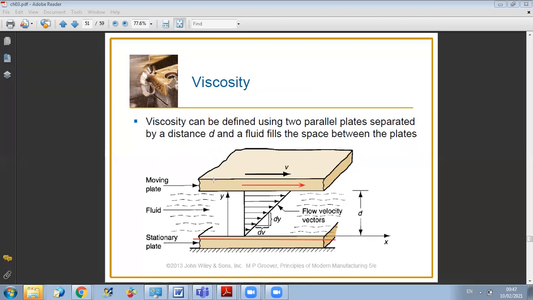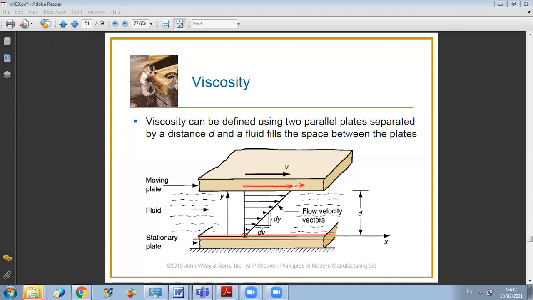What do we mean by the no slip condition? It means that a viscous liquid in contact with a surface will have the same velocity as the surface. So at the contact with the fixed plate, the velocity is imposed to be zero, and at the contact with the moving plate, the velocity is imposed to have a certain positive value v.